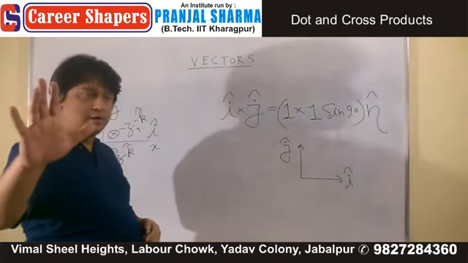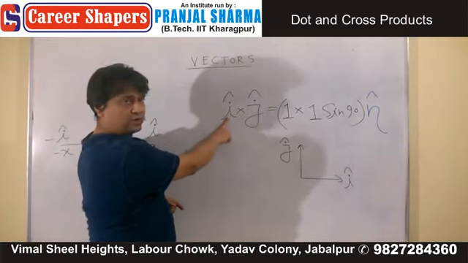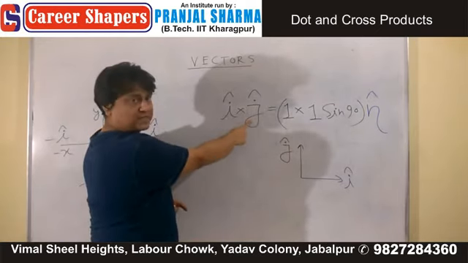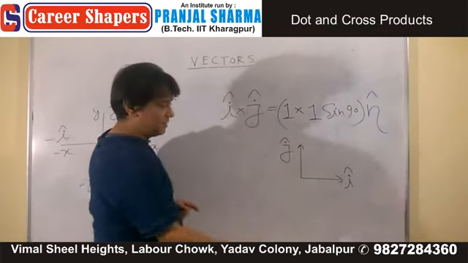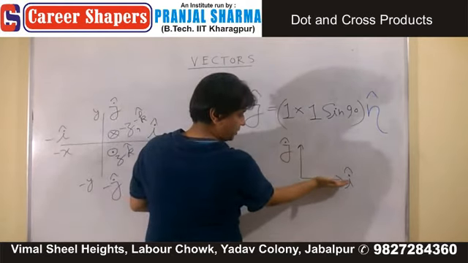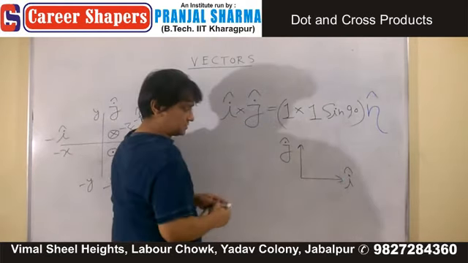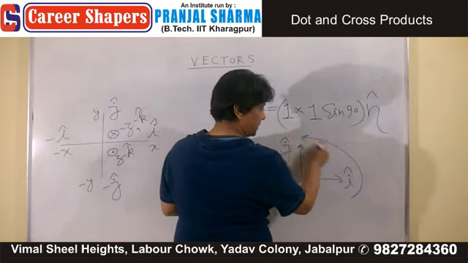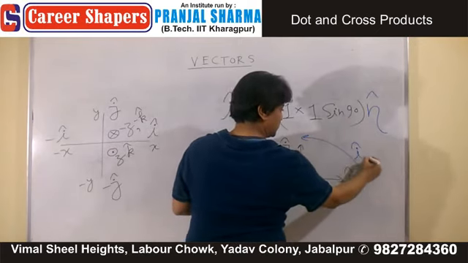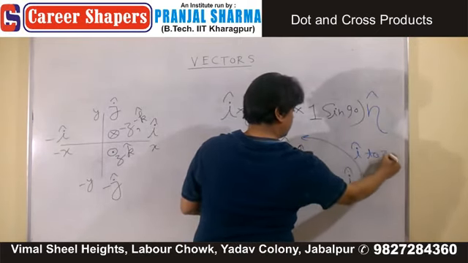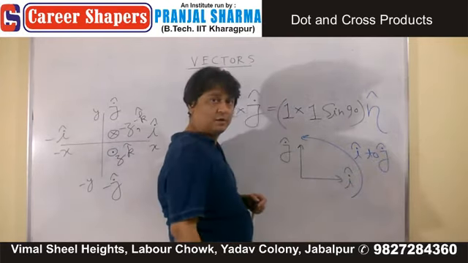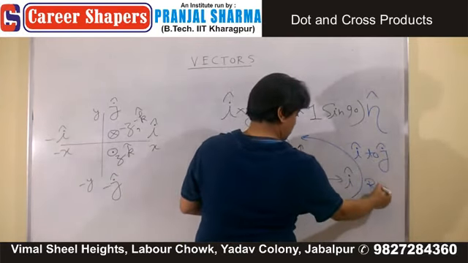Take your right hand, curl from first towards the second. Right hand, curl it from the first to second like this. This curling is coming from I to j. Don't forget to use your right hand.